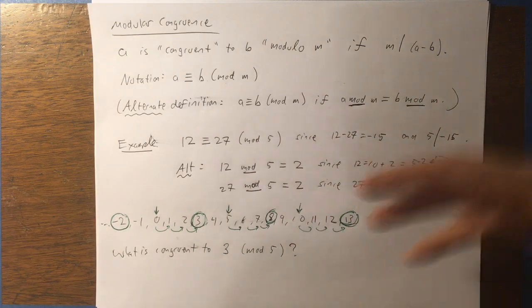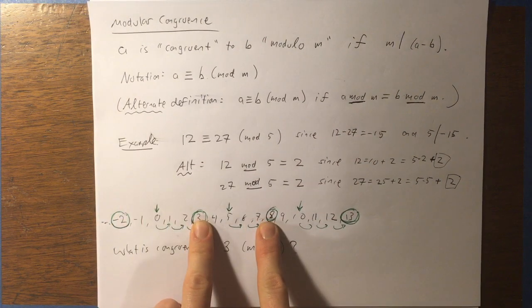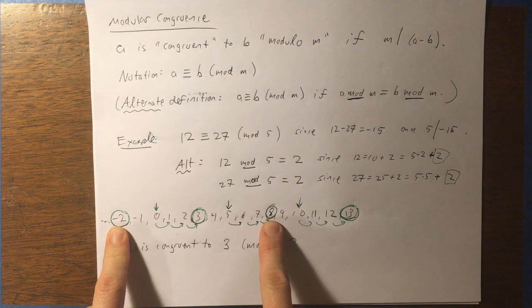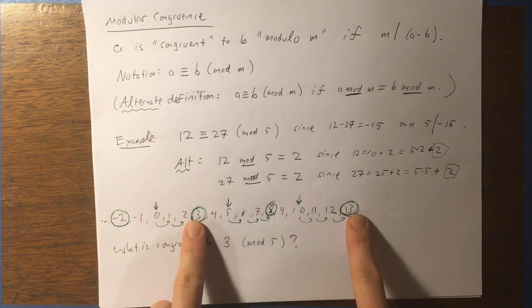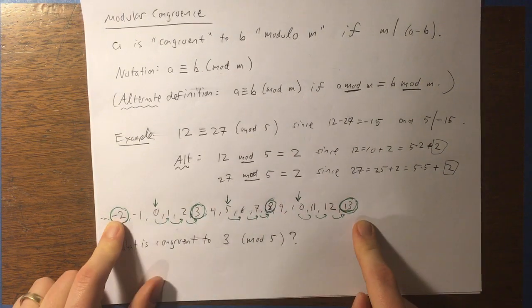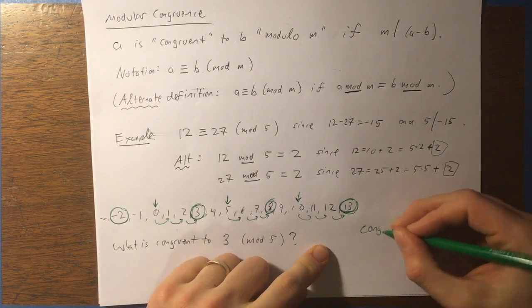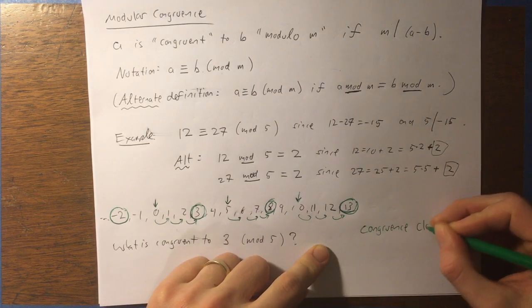So it spans through: since these two are congruent and these two are congruent, these two are also congruent. They're all congruent to each other, and they create what is called a congruence class.